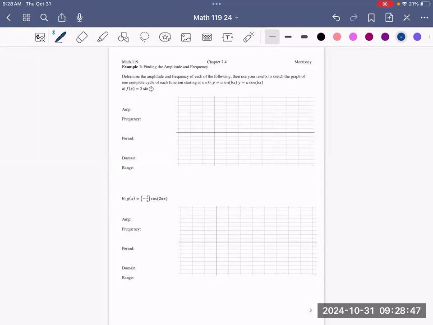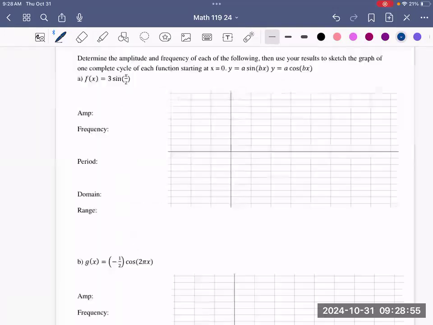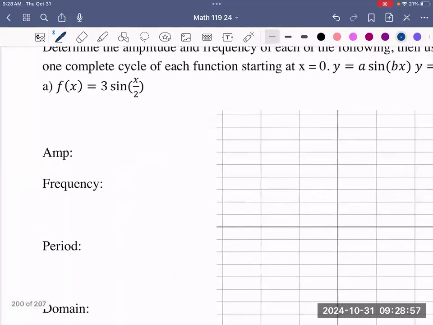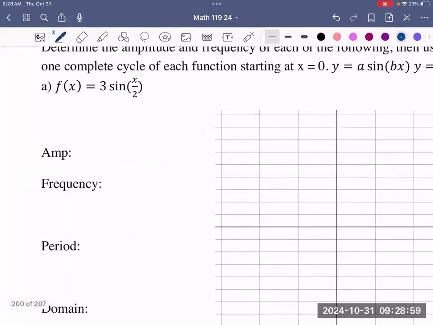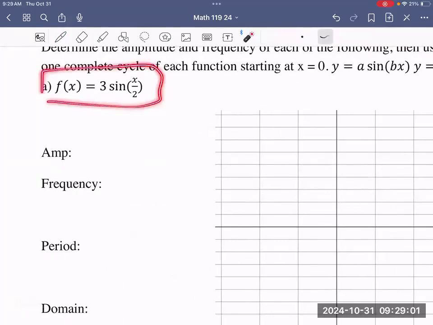Then use your result to sketch the graph of one complete cycle. So 5 points of each function starting at 0 and then of your particular graph. So here we have your function. What is the amplitude?